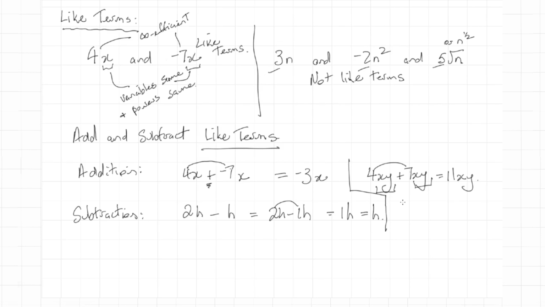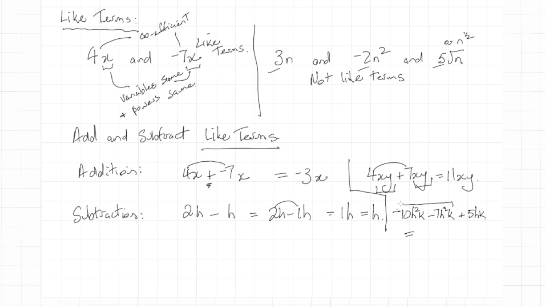So if we've got negative 10h squared k minus 7h squared k. Like terms because the variables have the same power. So you've got h squared k. Now let's just put plus 5hk. Alright, let's just make it a little bit different there. So we then go through and say, do we have like terms?